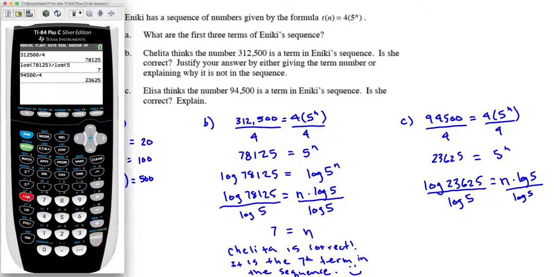Let's do the log of 23,625 divided by the log of 5. Oh, we're almost done. And we get 6.25 there. So if n is approximately 6.25, then no, it is not in the sequence.